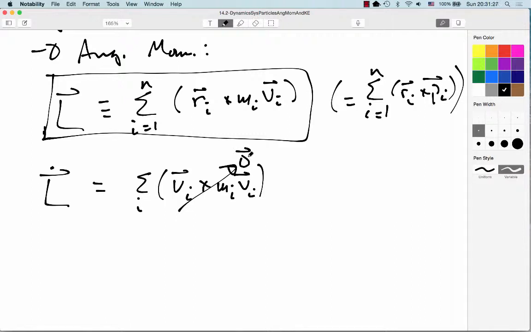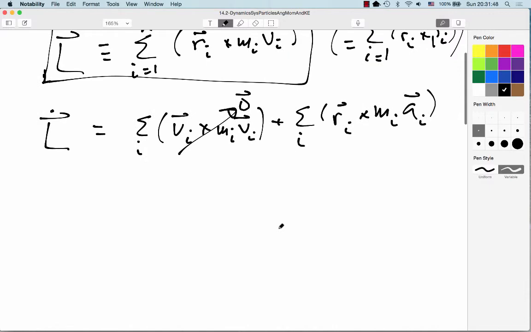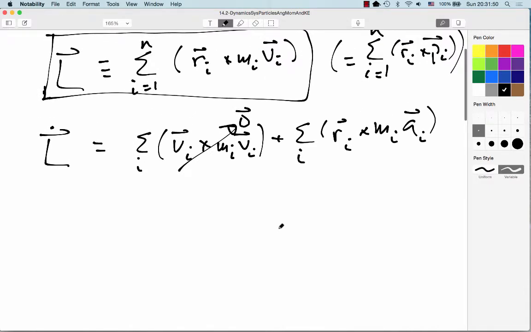So anything that's parallel or anti-parallel crosses out to 0. This leaves us with the sum over i, r_i cross m_i, and then the time derivative of v_i is going to be a_i. Okay, but we've been here before with that.